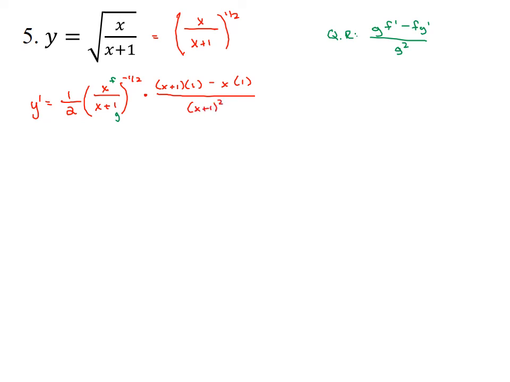Now I do need you to clean this up, so we're going to go through a few steps here of algebra. So this is going to end up being 1/2 times x over x plus 1 to the negative 1/2 times, you get x plus 1 minus x over x plus 1 squared. And one good thing happens, x minus x goes away.